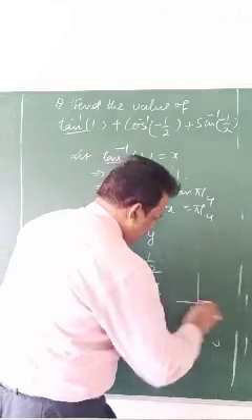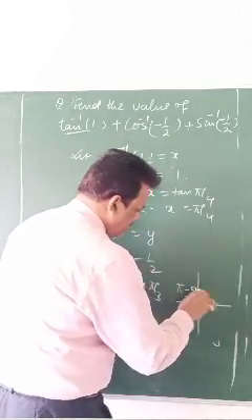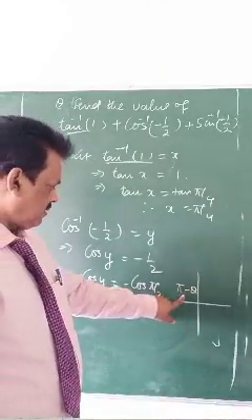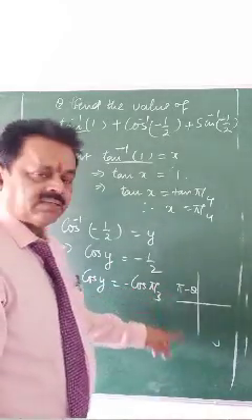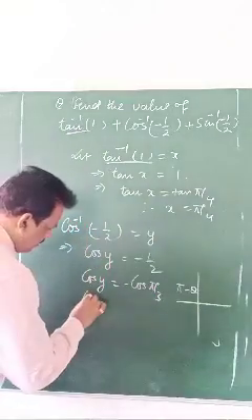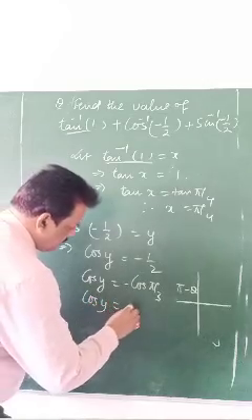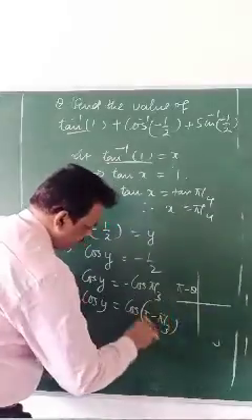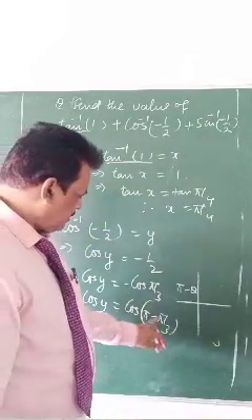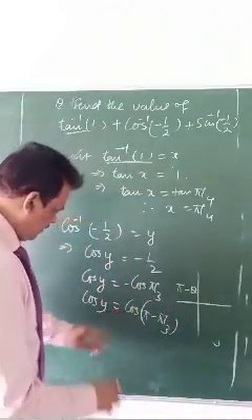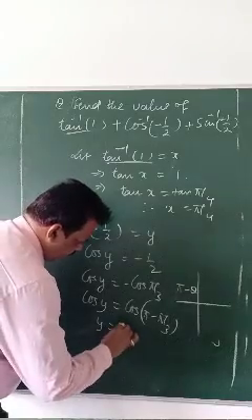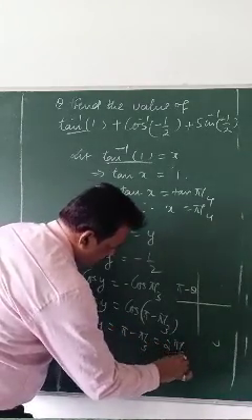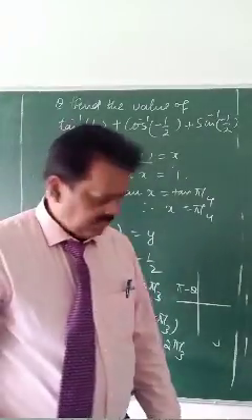Remember, cos is negative in the second quadrant, pi minus theta. So cos y equals cos of pi minus pi by 3, since cos of pi minus theta is minus cos theta. That means y equals pi minus pi by 3, that is 2 pi by 3. These two you got.